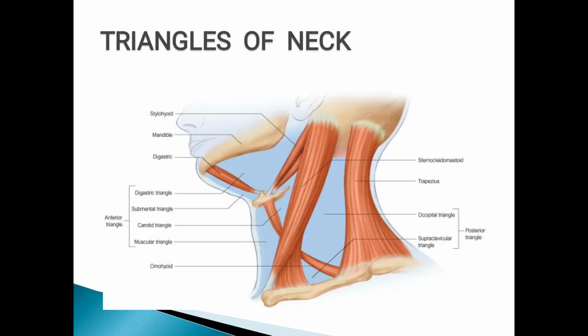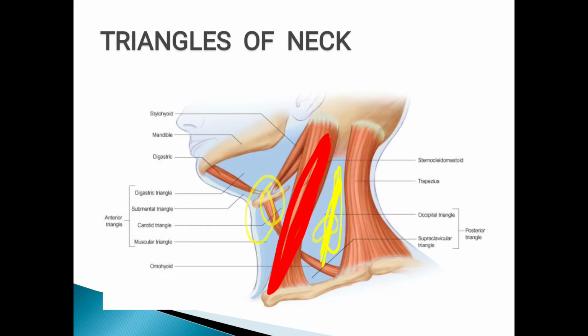Here in this picture you can appreciate this muscle, the sternocleidomastoid muscle. This picture shows the side of the neck, and the muscle I have marked with red color is the sternocleidomastoid muscle. It is present obliquely on the side of the neck and divides it into two triangles, the anterior triangle and the posterior triangle.